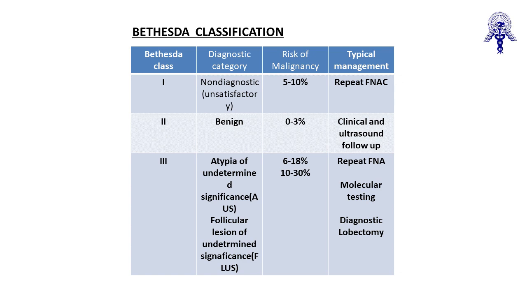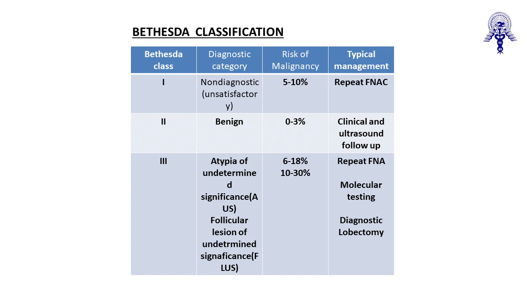Bethesda 2 is benign. The cytology is definite from the cytological features, not malignant. But again, in long follow-up, statistics have shown up to 3% can be malignant. So you don't just leave it like that. You have to follow it up clinically and with ultrasound USG, and repeat your investigations the moment you become suspicious about a malignant transformation.